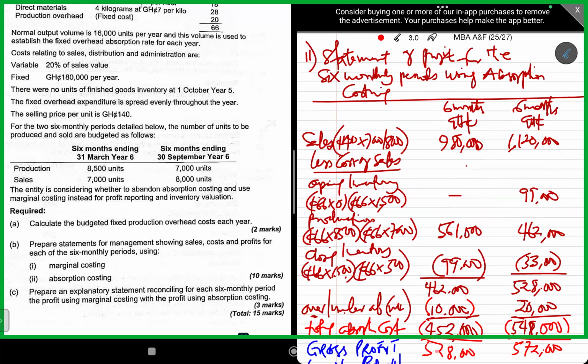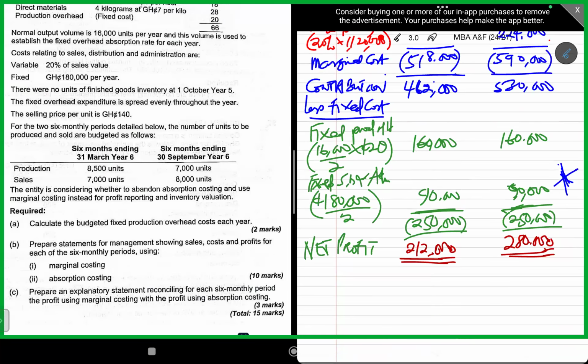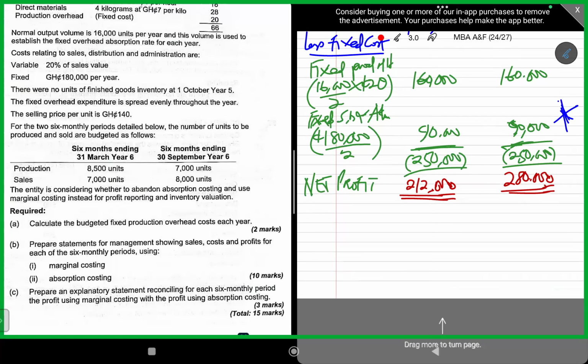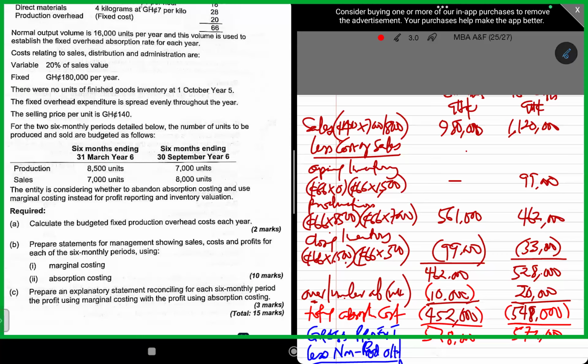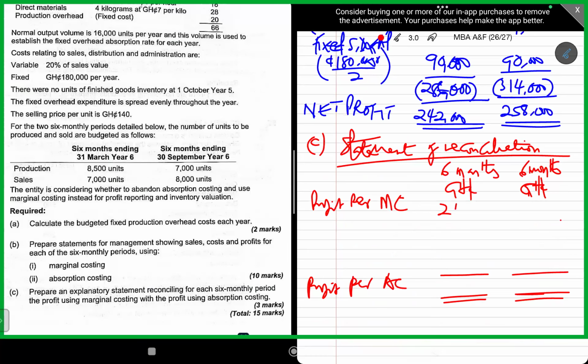We had 212,000 and 280,000. Then the profit per absorption costing, we have 242,000 and 258,000.